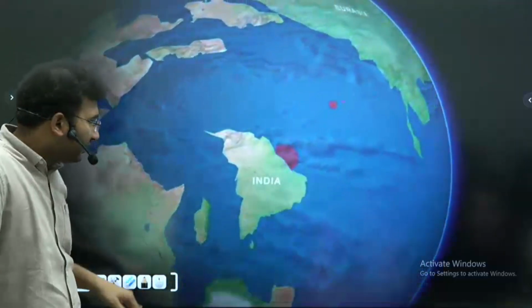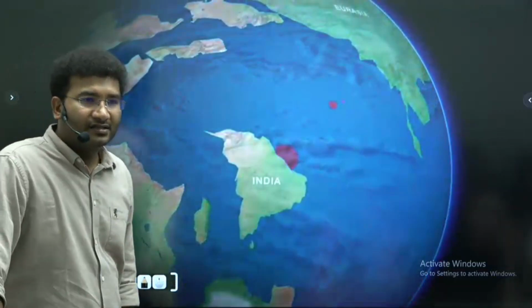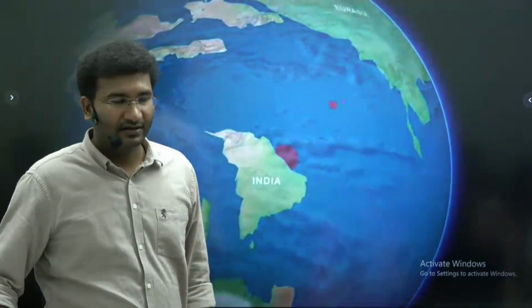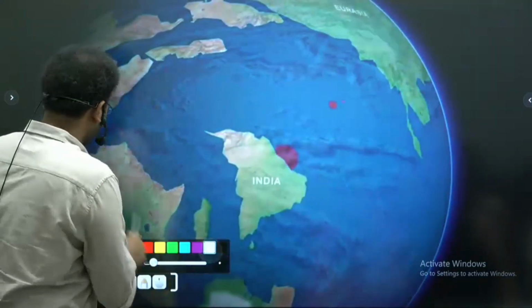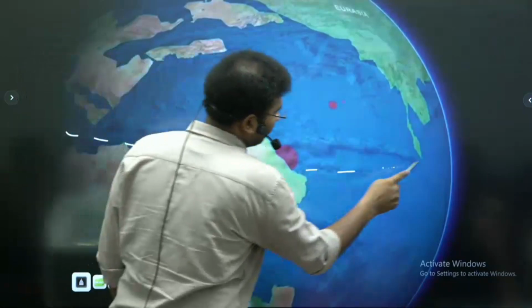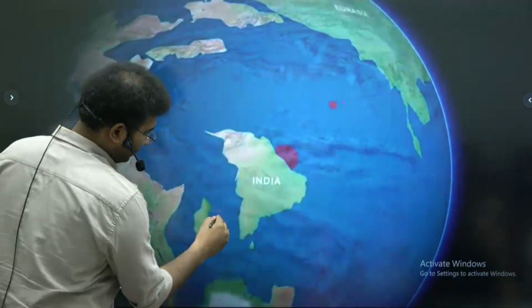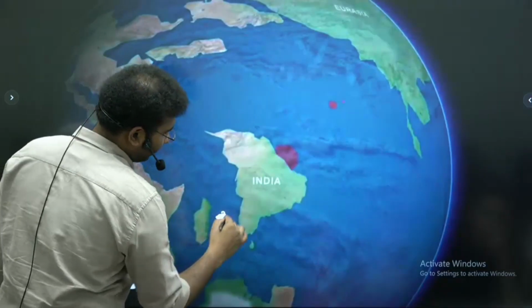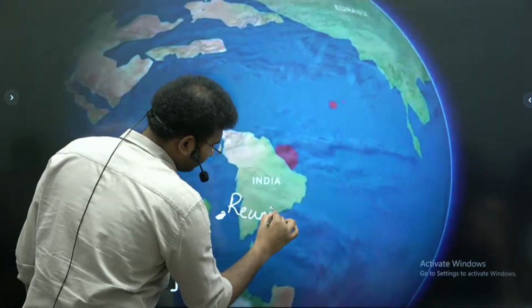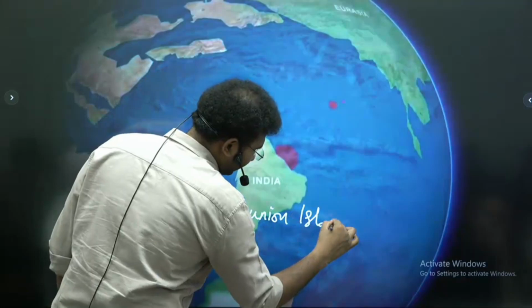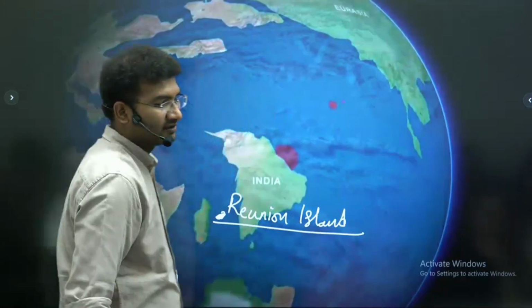But even before India started to cross the equator, here, if this is your equator, there was a place, or else, sorry, it is somewhere here. Today, this is called as the place where Reunion Islands are there.